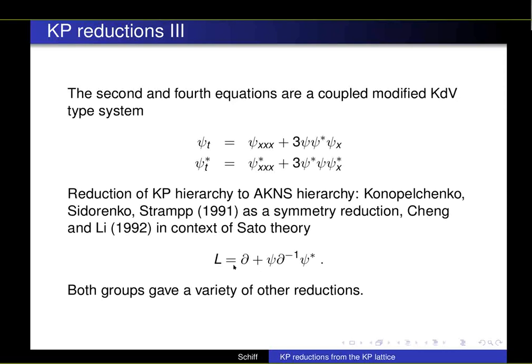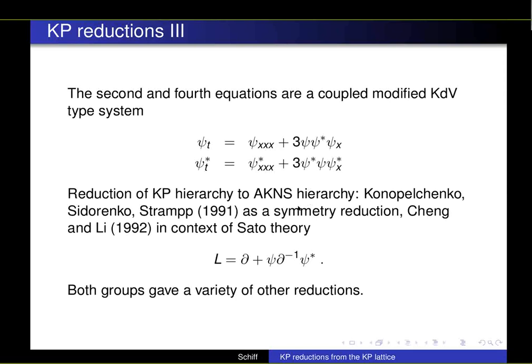They saw that the pseudo differential operator should simply be taken in this form. And this allowed them then to guess many other forms of the pseudo differential operator, which you can consistently impose and get other reductions. So this NLS reduction is understood because it arises as reducing with respect to a symmetry.